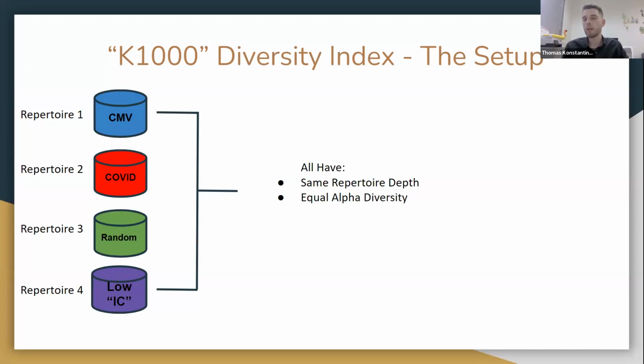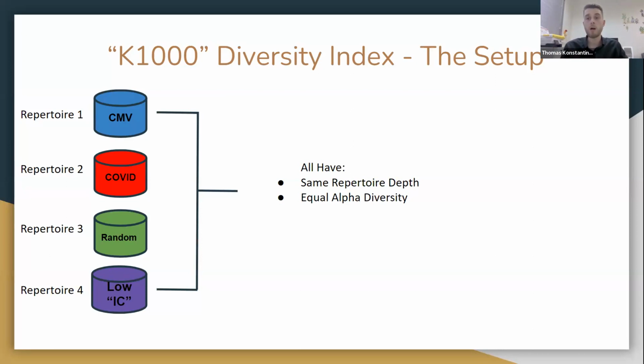So we are used to measuring diversity in repertoires by inferring Hill curve-based diversity metrics, alpha diversity metrics. All of them, in a way, are completely dependent on sequence abundance in a repertoire. Whereas our approach, the K1000 diversity index, is dependent on the sequence dissimilarity.